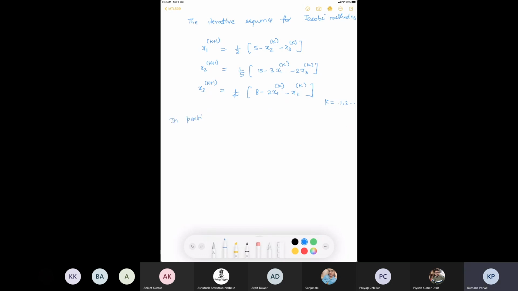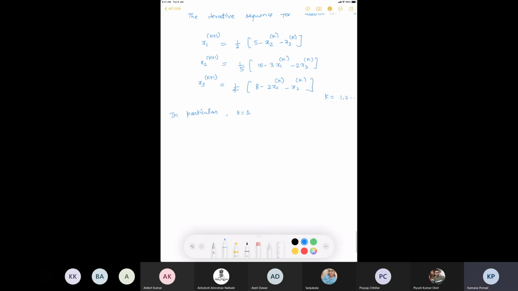So in particular, for k is equal to 1, that is the first iteration. So I'm going to get x1, 2 as 1 by 2 times 5 minus x2, 1 minus x3, 1. And I know that x2 and x3 both are 0, right? Because 0 is the initial guess. So this is going to be 5 by 2, which is 2.5.